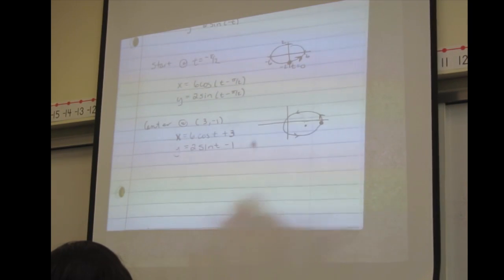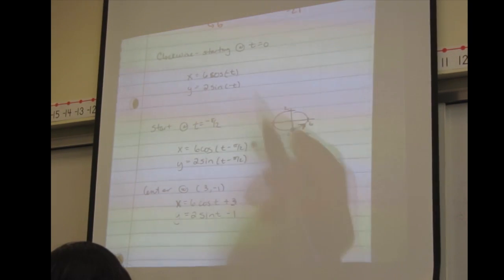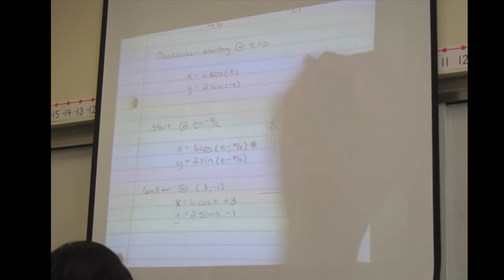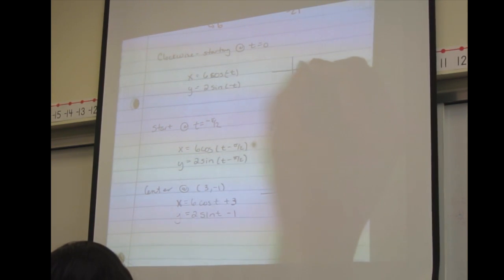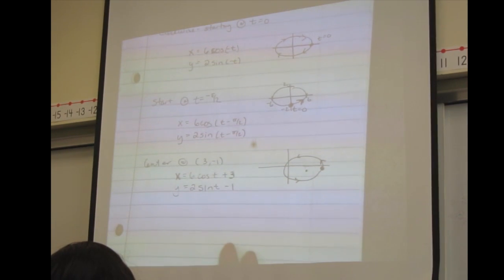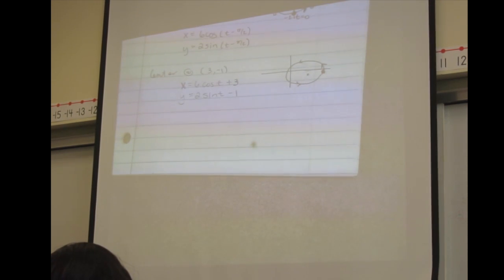I remember, yeah, but for some reason, negative here is what makes it go clockwise. Look at your window. My window is 0 to 2 pi. Let me take a look at it.